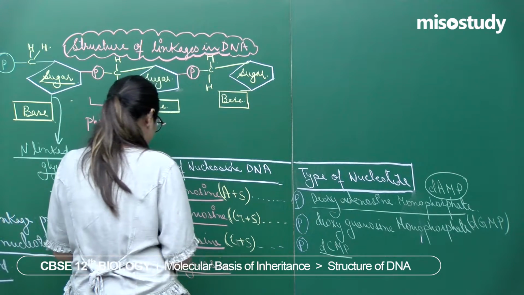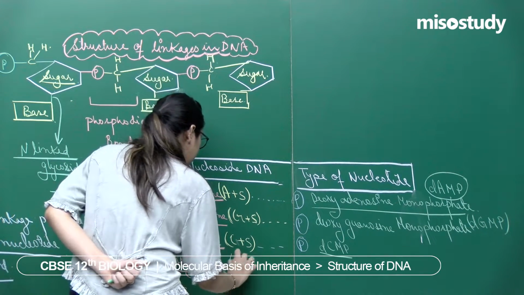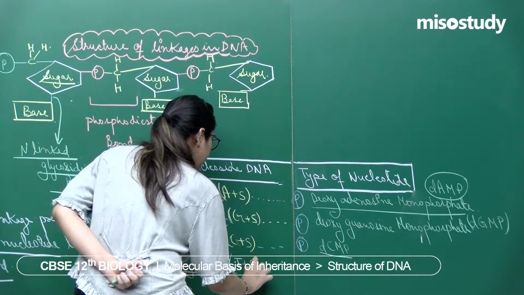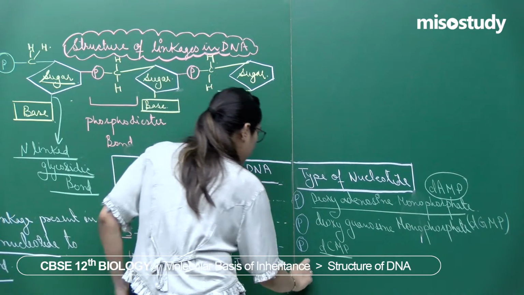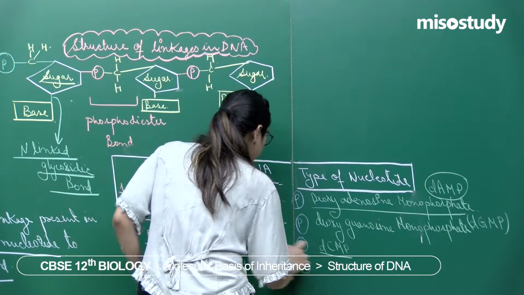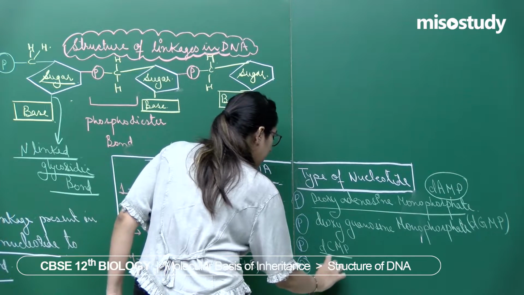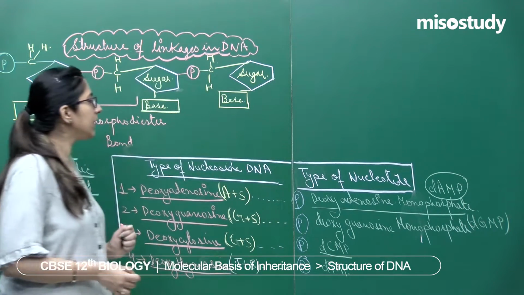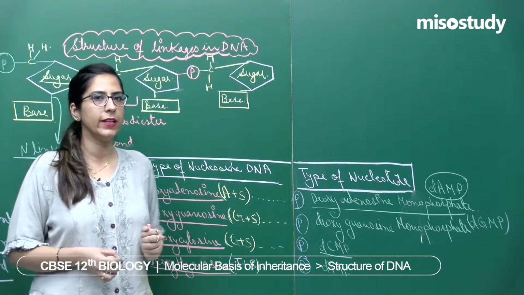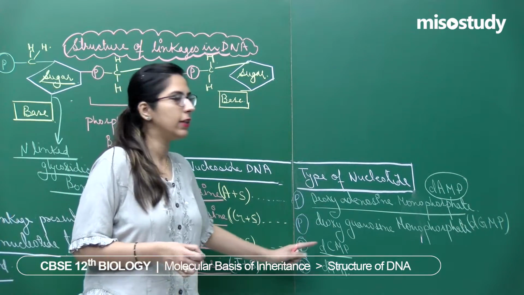In this case, what will be the condition? The T is there along with S. When they combine with the phosphate group, there is a formation of dTMP. Right? So these are the types of nucleotides which are present in case of DNA.